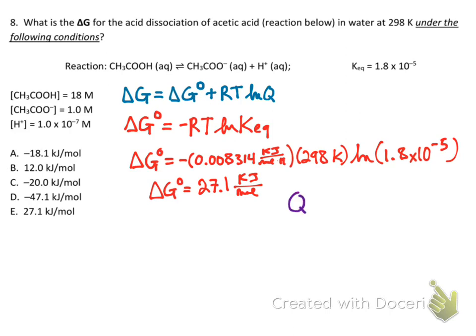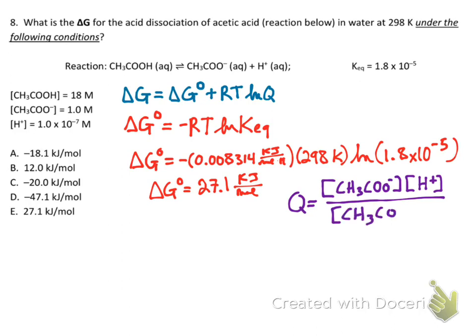So Q is equal to the concentration of CH3COO minus times H plus, all divided by CH3COOH, acetic acid. All right, let's plug in our values and see what we get.